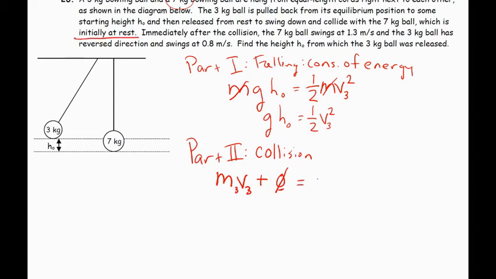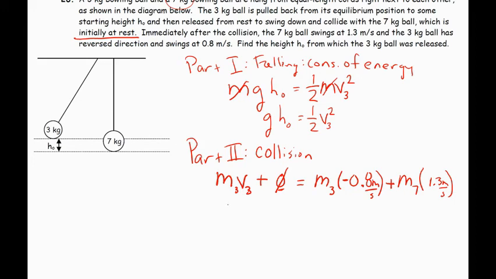And that's going to end up equaling your mass of 3 times your velocity, which I'm going to go ahead and plug in as negative 0.8 meters per second, plus the mass of object 7, so mass 7 times the velocity, and we determined the velocity was 1.3 meters per second.